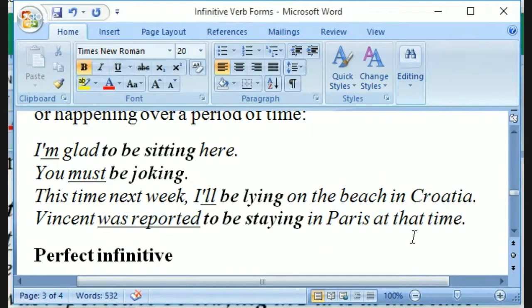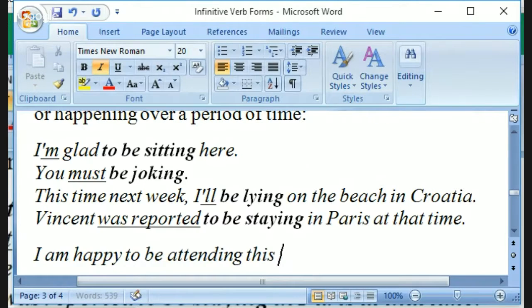So it agrees. Now, Ken, you want to try creating an infinitive verb form using these examples? I'm happy to be attending this meeting. Okay.